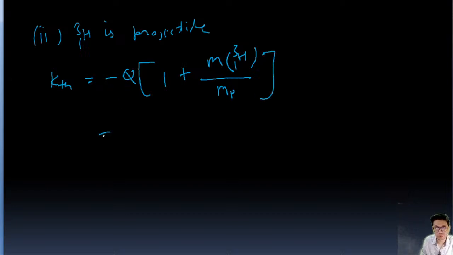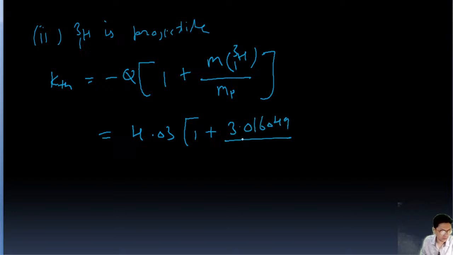So this is going to be minus minus 4.03 into 1 plus 3.0160049 upon 1.007825. This value is going to be 16.09 MeV.